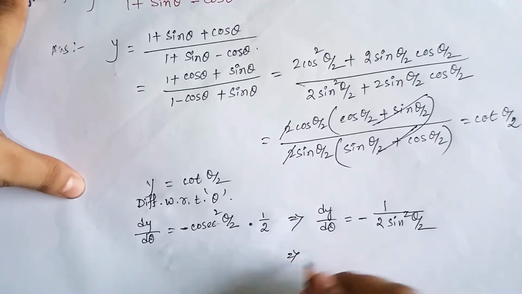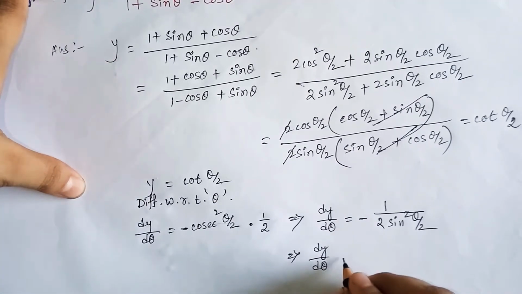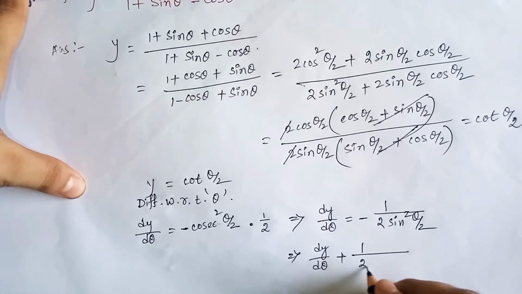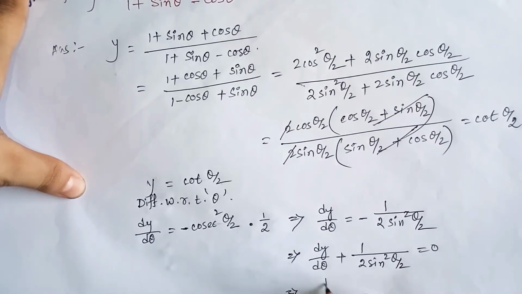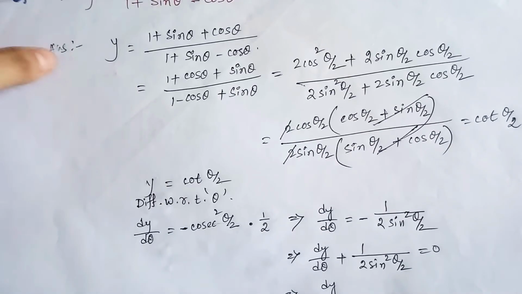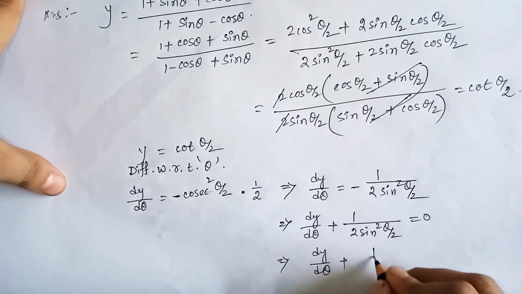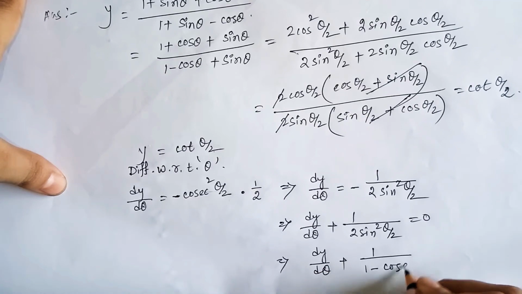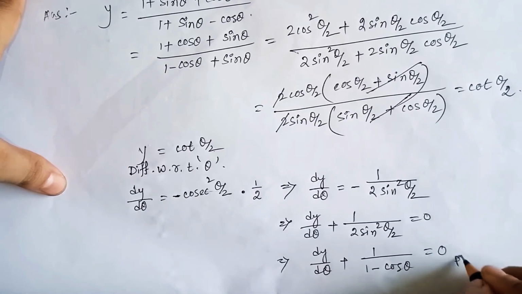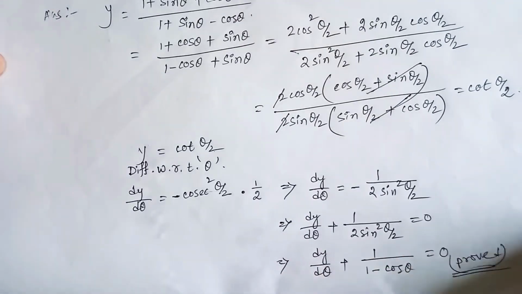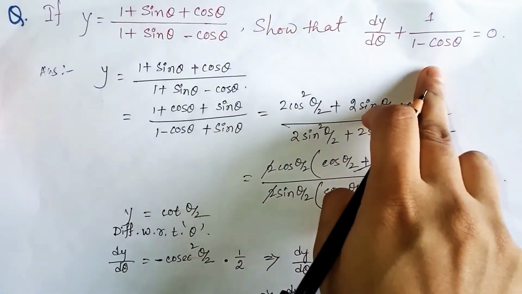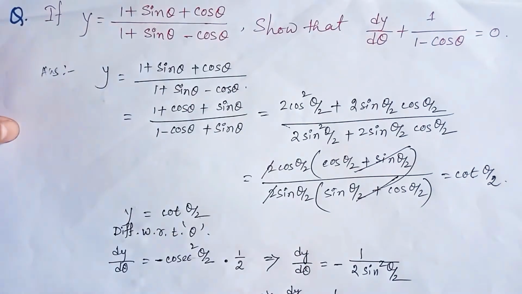So dy by d theta plus 1 by 2 sin square theta by 2 equals 0. That means dy by d theta plus 1 by (1 minus cos theta), the sub-multiple formula, equals 0. This is the proof. Our question is dy by d theta, so it is easy to solve. So you have to change the large term into a small term.